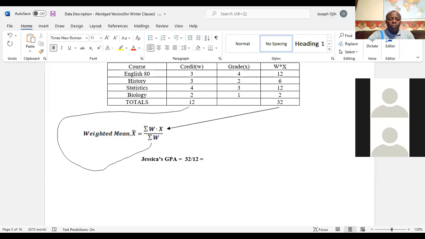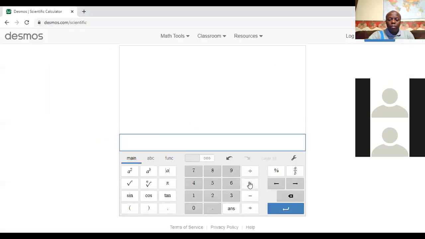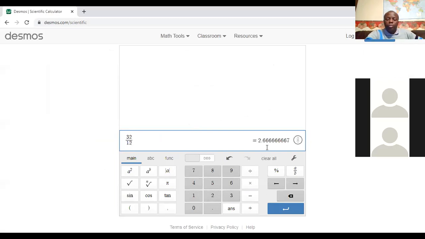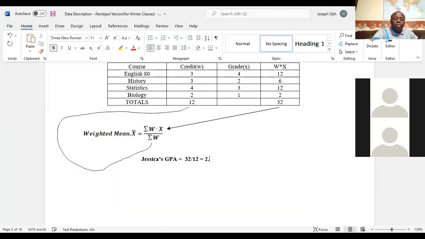We have 32 divided by 12, which is 2.6666, approximately 2.7. Okay, 2.7. Now, another good example of weighted mean is your credit score.